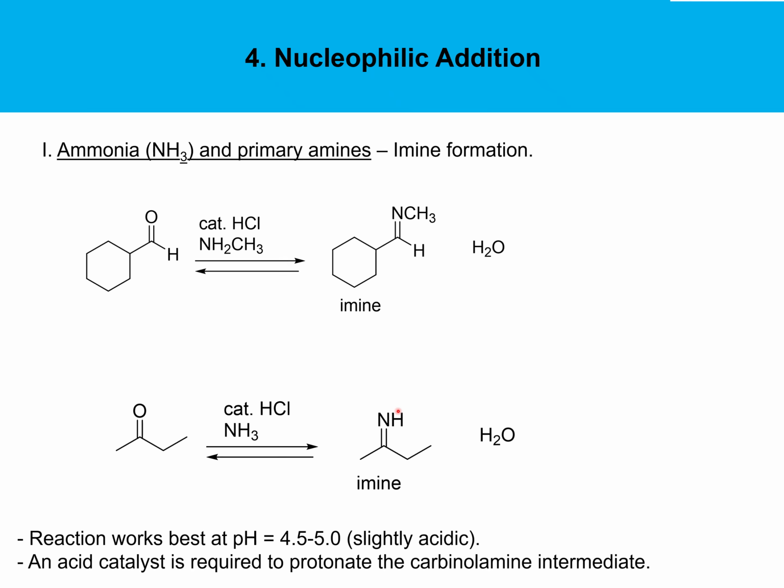The result would be a similar functional group, except there will be an R group where the hydrogen is. This reaction will also produce water, and it is reversible. The reaction works best around a pH of roughly 5, so slightly acidic conditions.